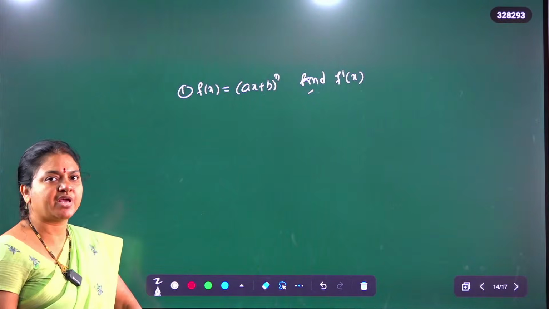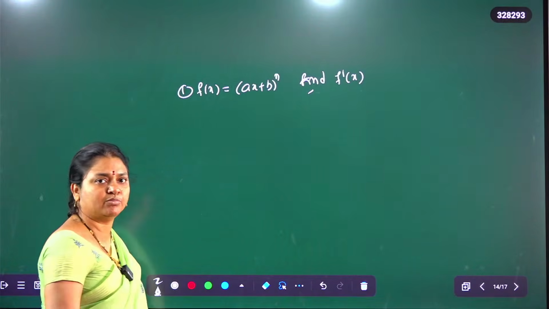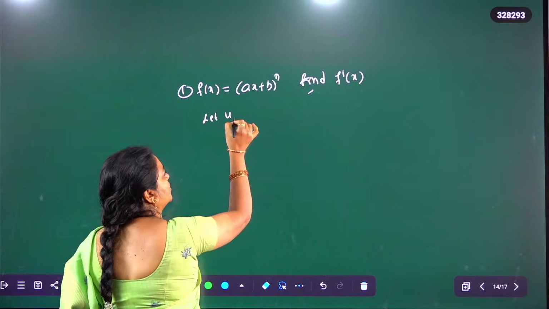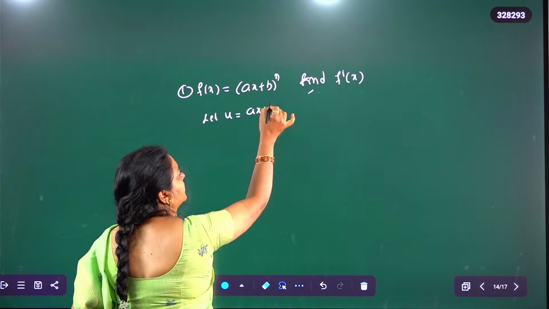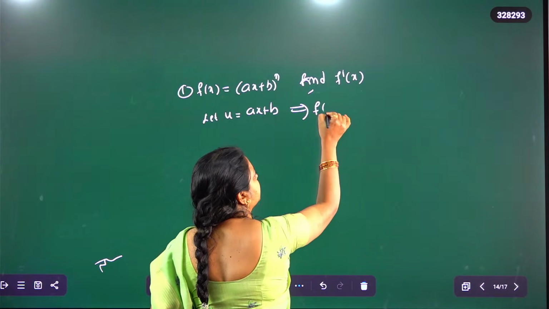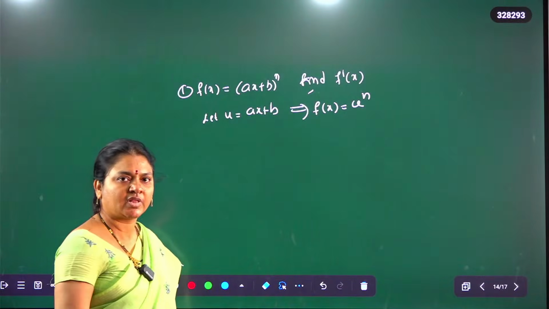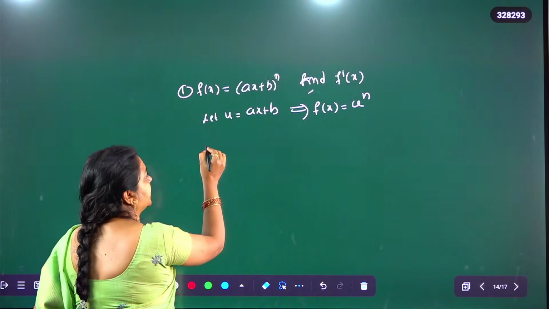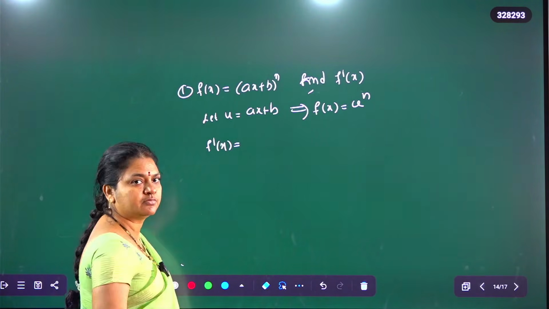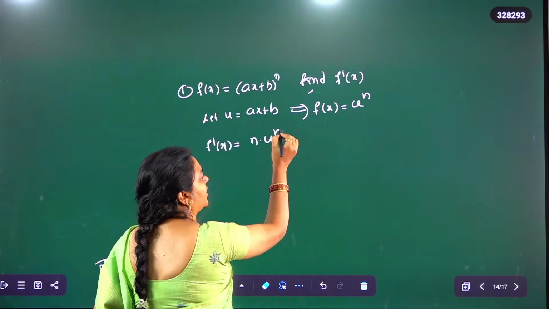F of x is equal to ax plus b whole power n. Directly we cannot find this, it is not a formula. What we will do? Whatever is in the bracket, let us say it is u. U equals ax plus b. What's happening now? Our function is changing. F of x becomes u power n. Now we will do this derivative, f dash x, which is n into u power n minus 1.